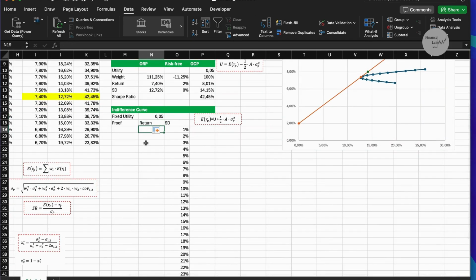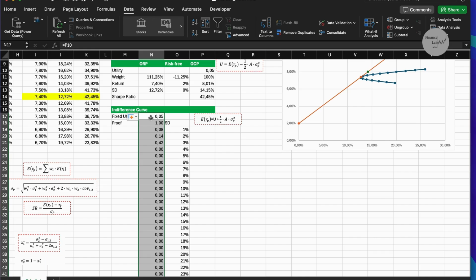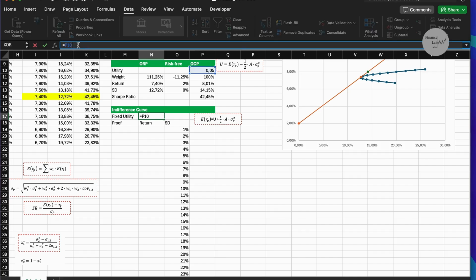So the expected portfolio return of this one will be the utility. This must be, that was not correct. This is a utility that must be fixed. So plus 0.5 times A was 3, and times, I think I'm in the wrong cell. Yes, I am.